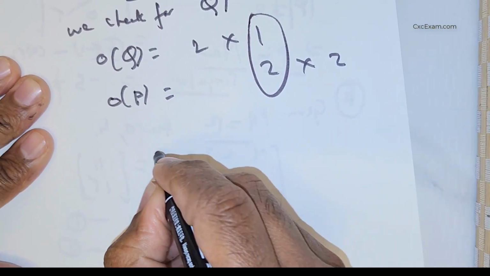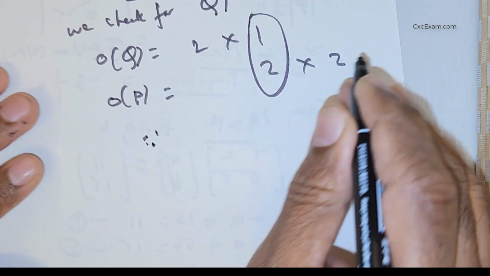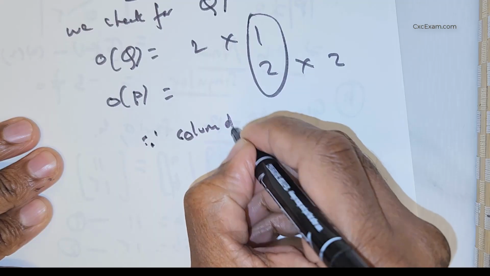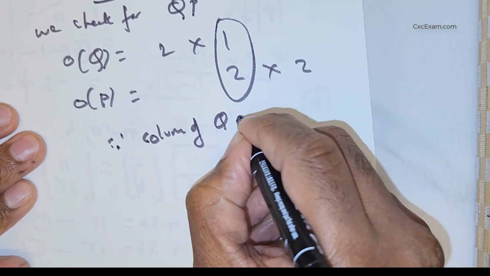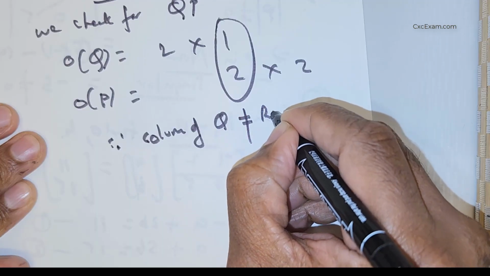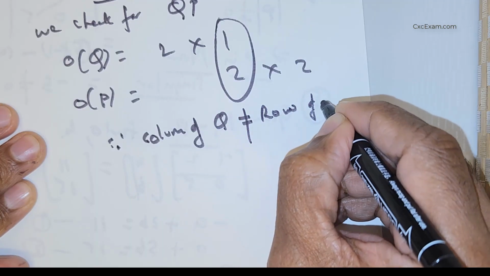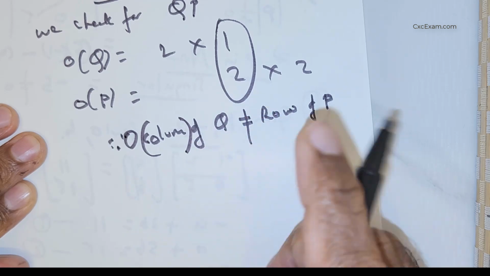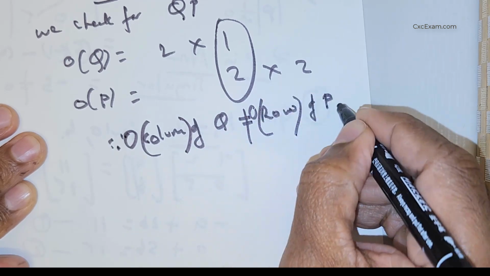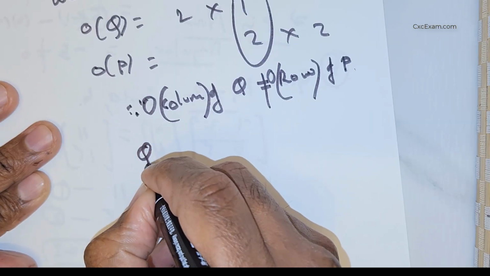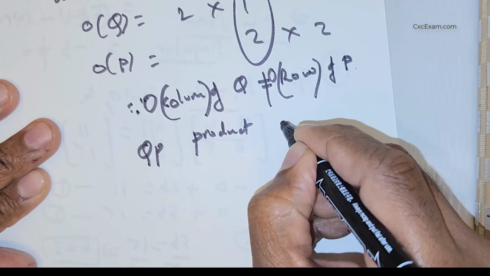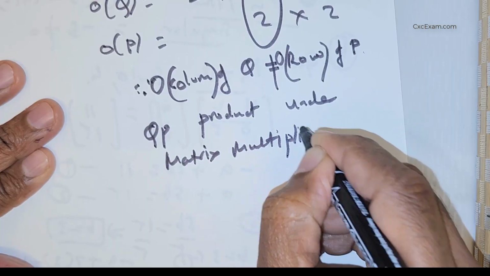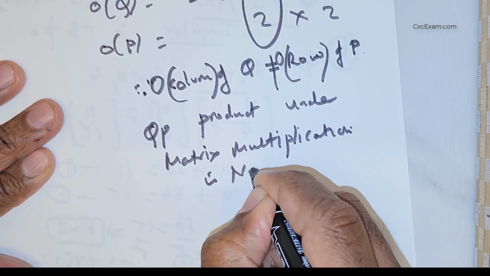So you see that since the column of Q is not equal to the row of P, you can write order of column of Q not equal to order of row of P. The QP product under matrix multiplication is not possible.